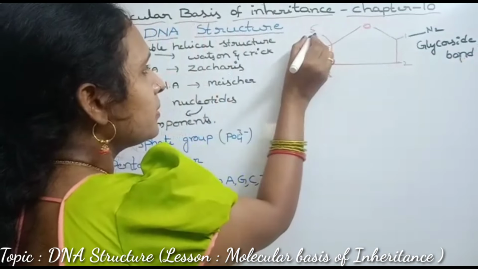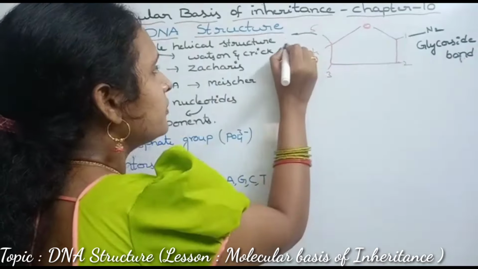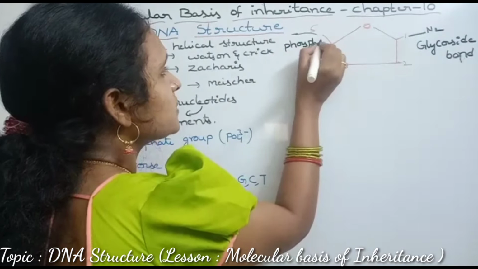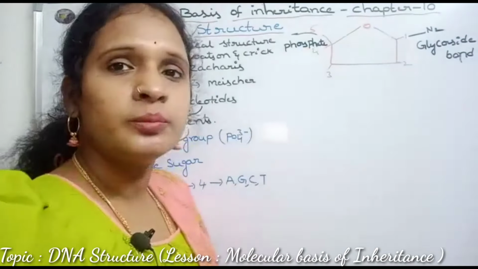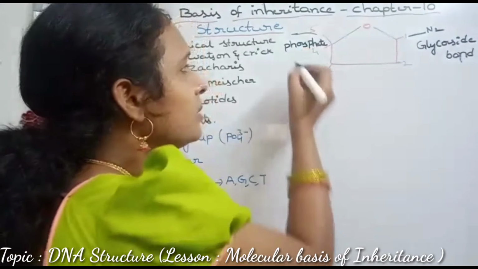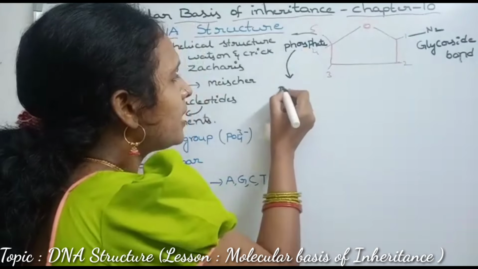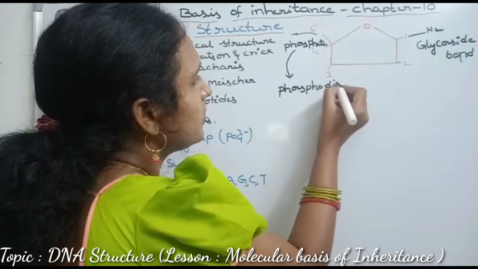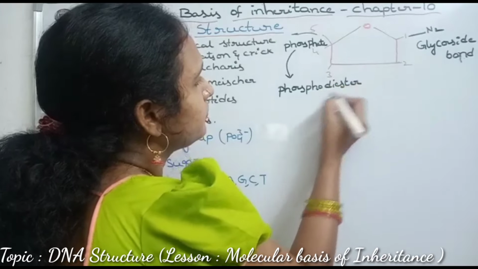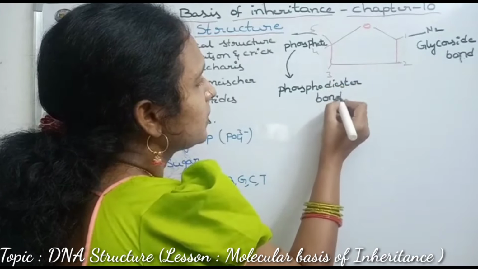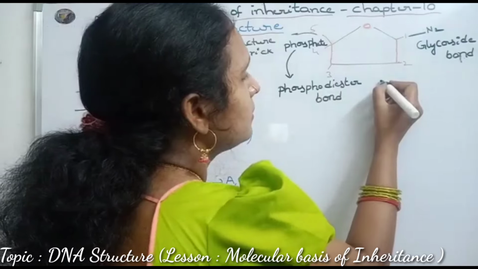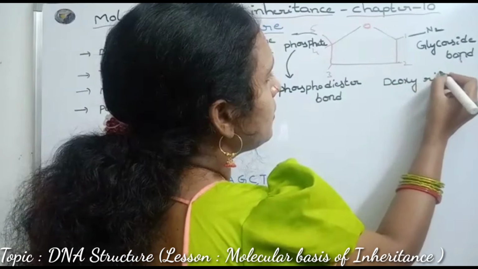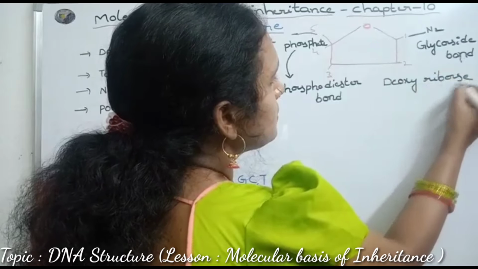And the fifth carbon has the phosphate group. This phosphate group is always attached to the fifth carbon with a phosphodiester bond. So this is the structure of the deoxyribose sugar.